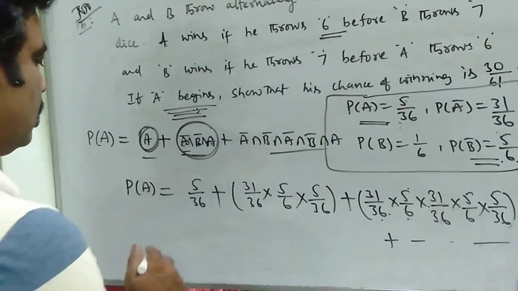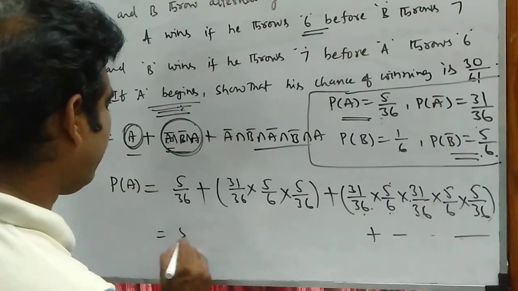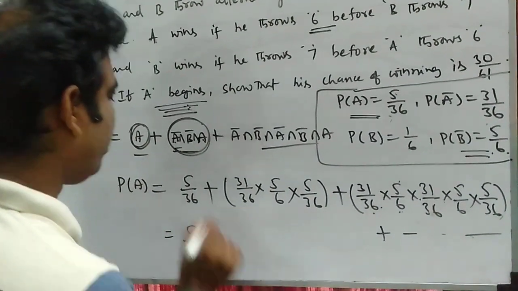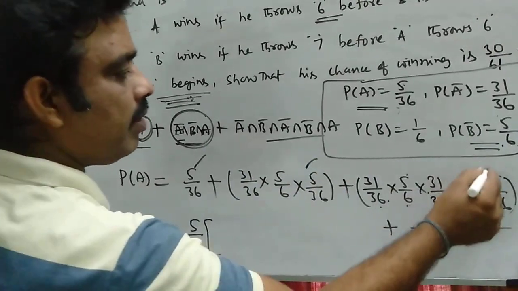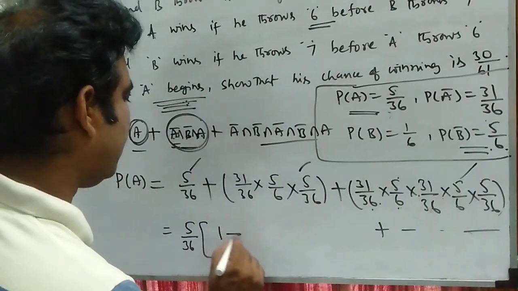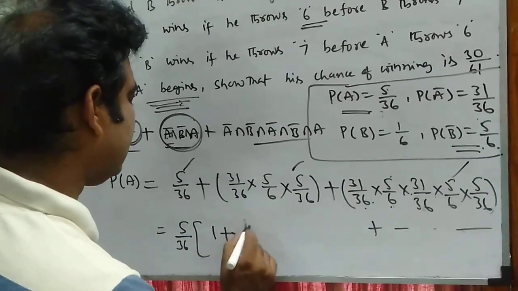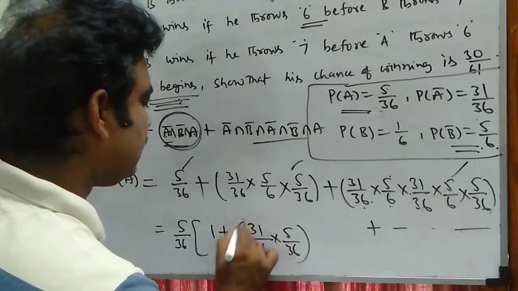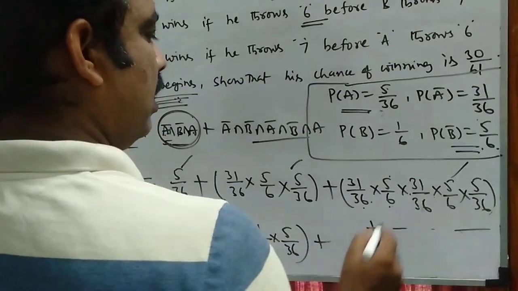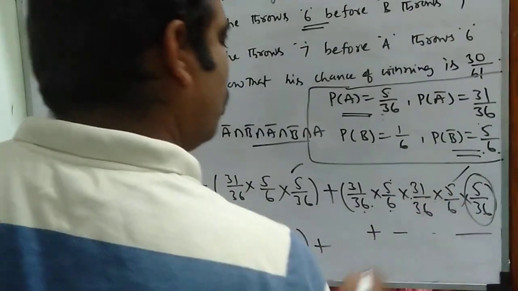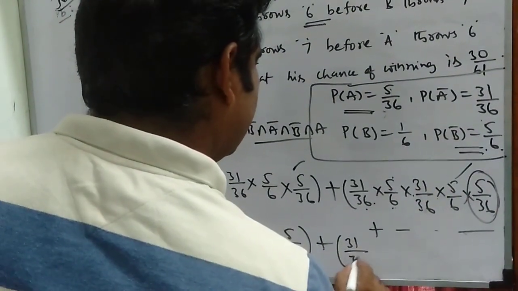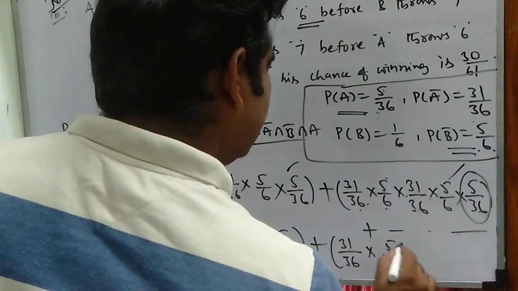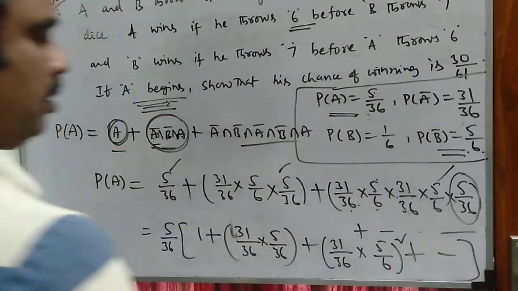So he may win in the first case, or in the first, second, third case, or in the first, second, third, fourth, fifth case, and so on. Am I right? Now, taking 5 by 36 out as a common factor, we get 1 plus 31 by 36 into 5 by 6, plus (31 by 36 into 5 by 6) whole square, plus so on.